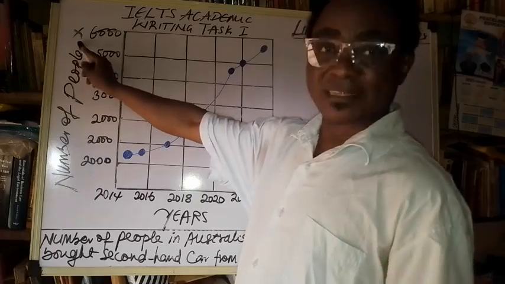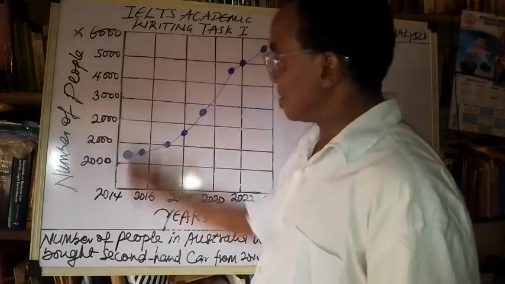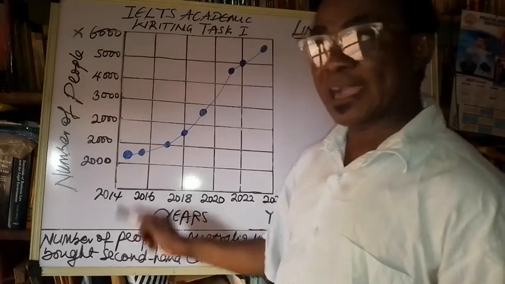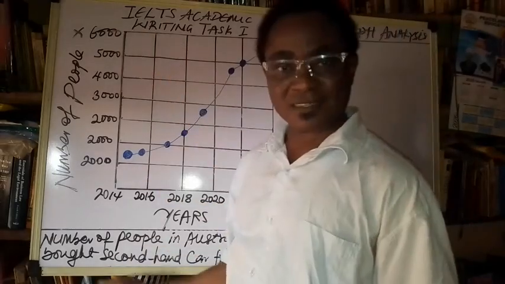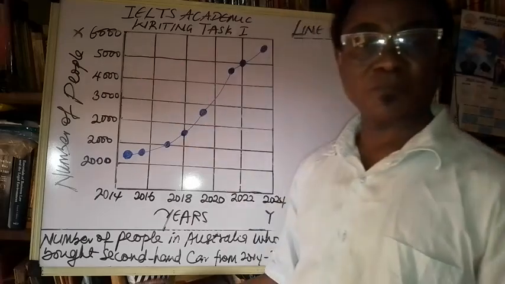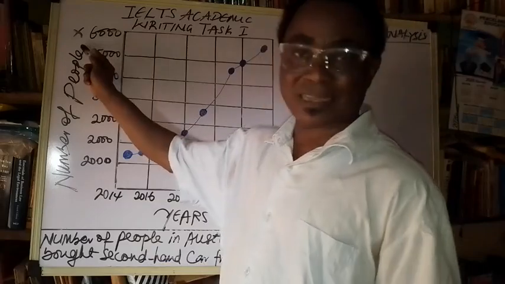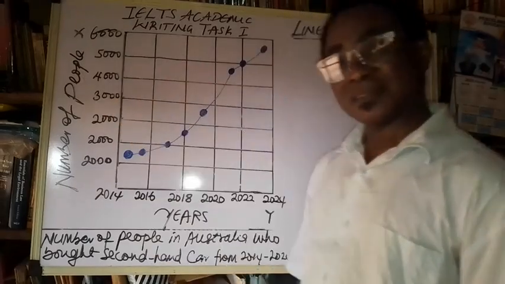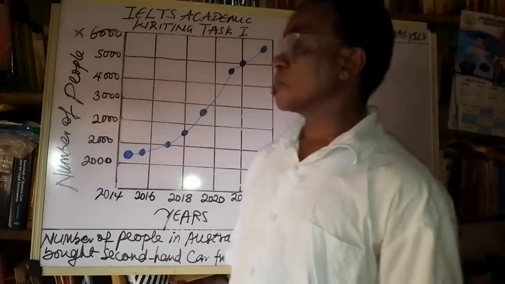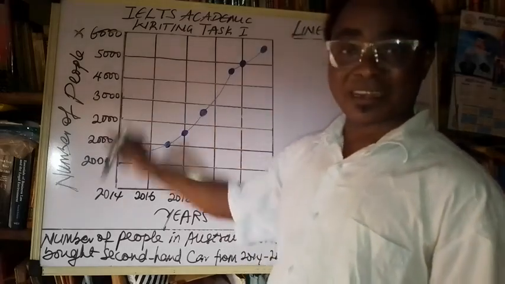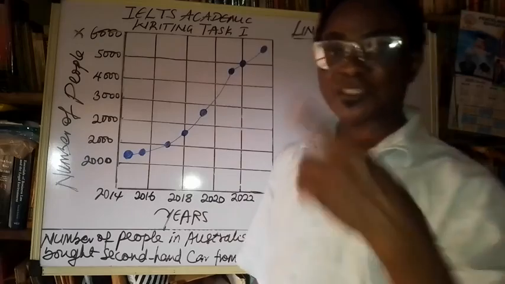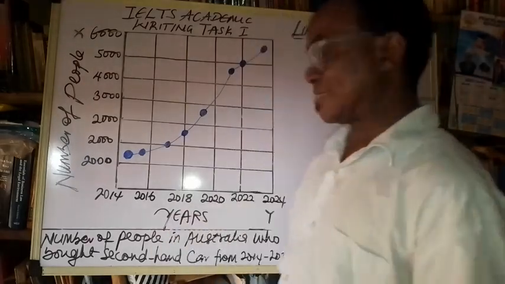The letter X is here. It represents this vertical axis. They are called axes. This vertical axis is called the x-axis. The x-axis is also called the dependent variable. I'm going to talk about what a variable is.